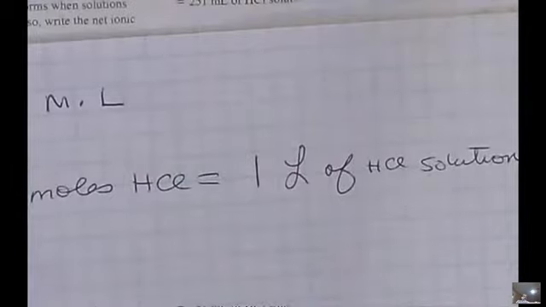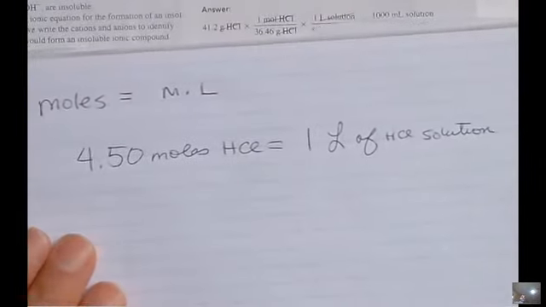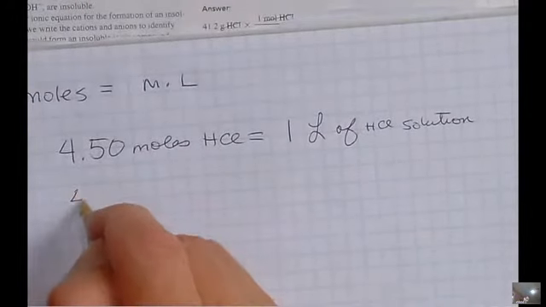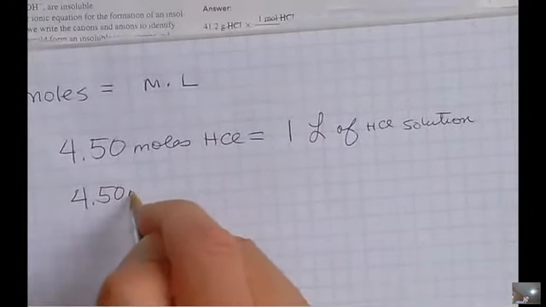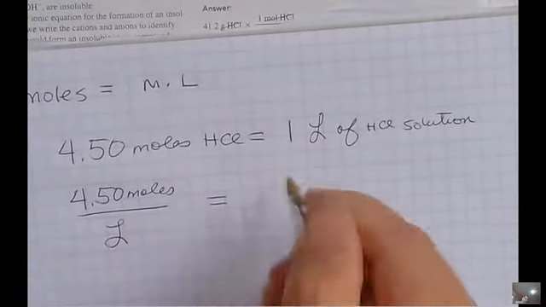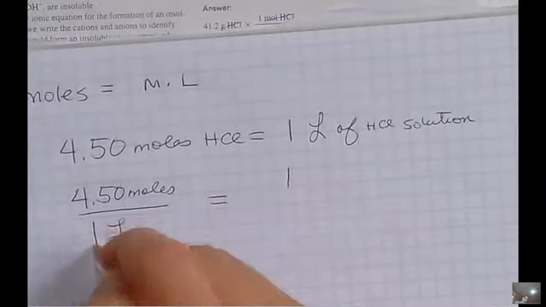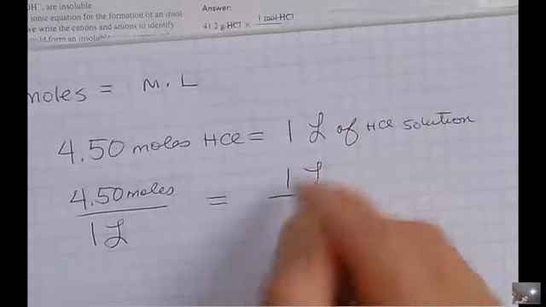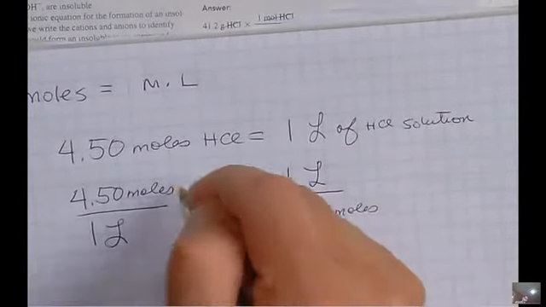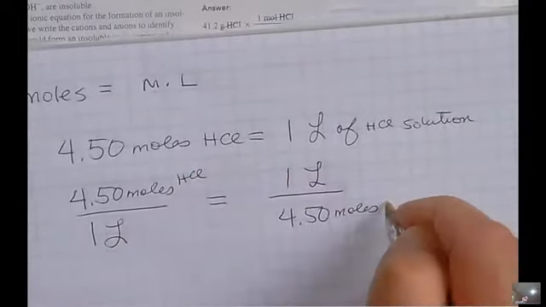Whenever I have two things that are equivalent to each other, I can write them this way: 4.5 moles for each liter of solution, or 1 liter of solution has 4.50 moles of HCl in it.